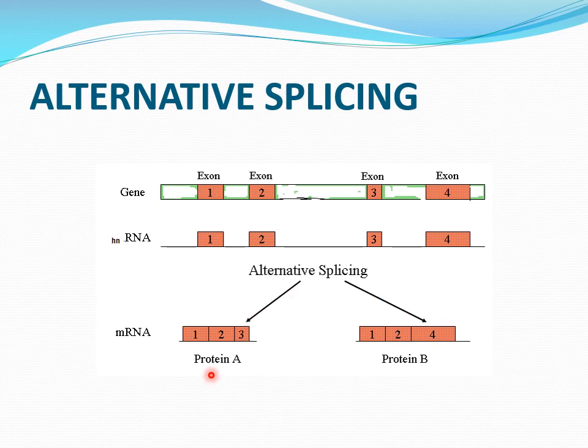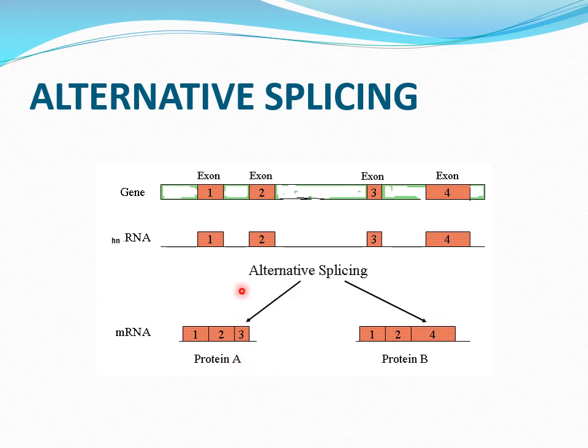So, as per the need of the hour, see, for example, in this, if these three exons, that is 1, 2, and 3, join together, they become the part of the final messenger RNA, it will result in one type of protein.